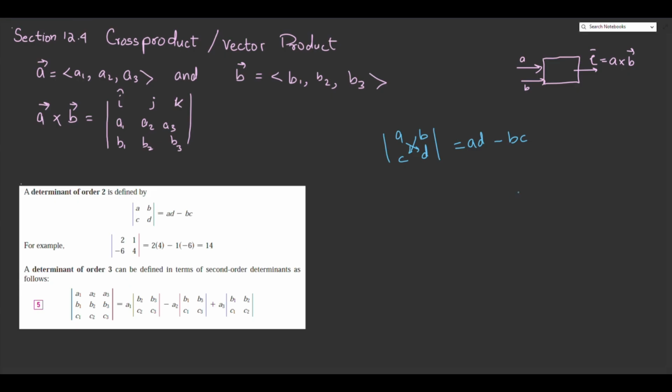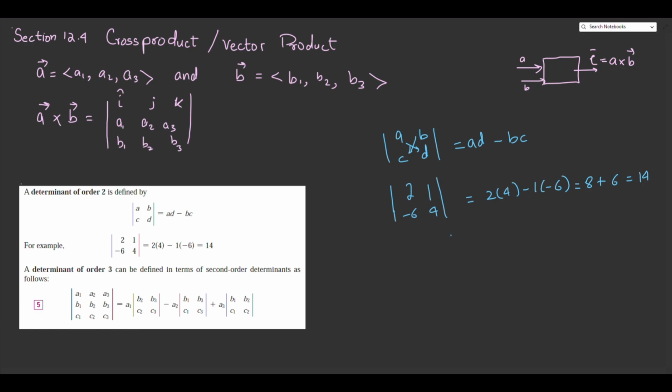For example, here we have 2, 1, minus 6, 4. The 2 is multiplied with 4, minus 1 multiplied with minus 6. We get 8 plus 6, which is equal to 14. So this is the answer.